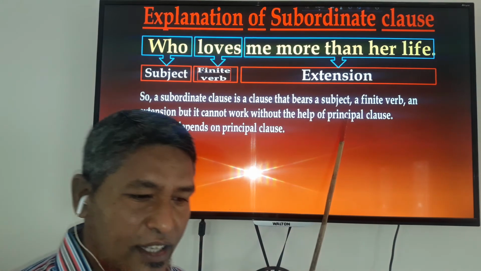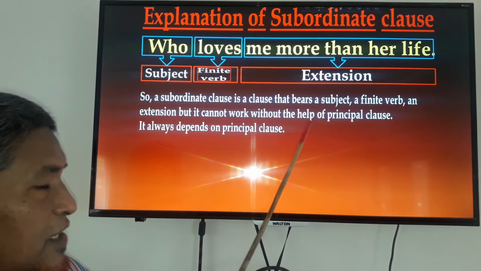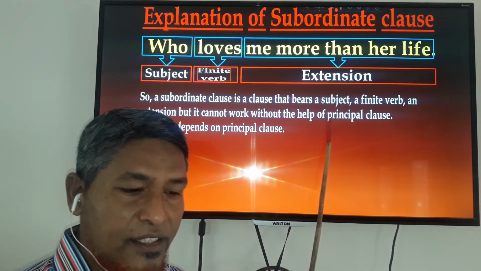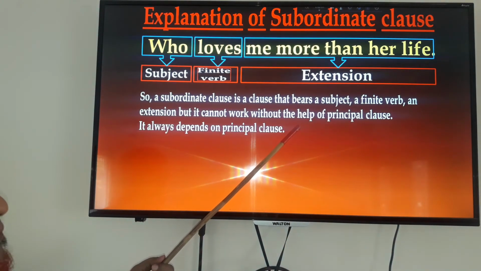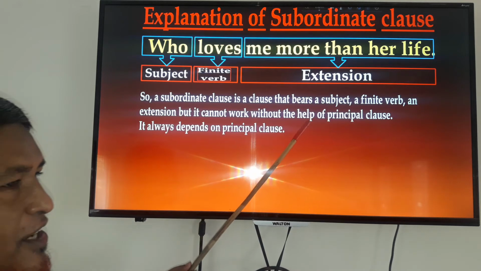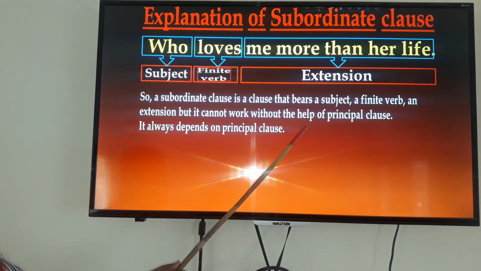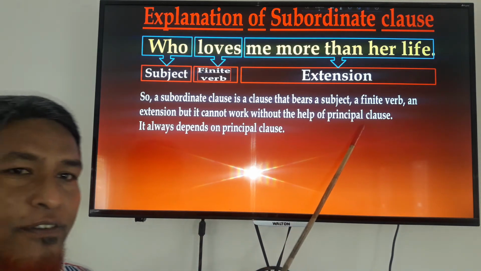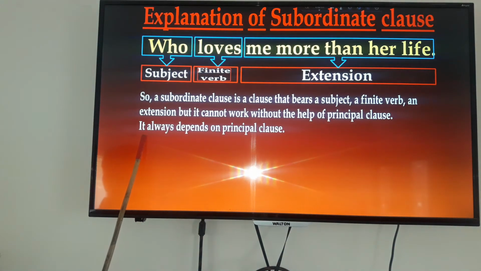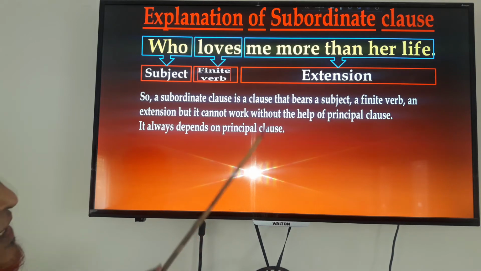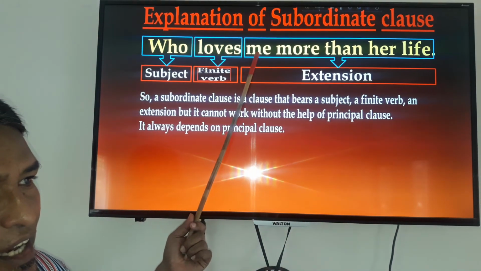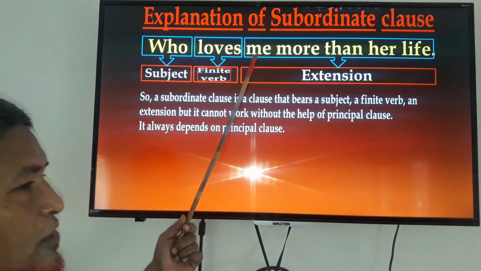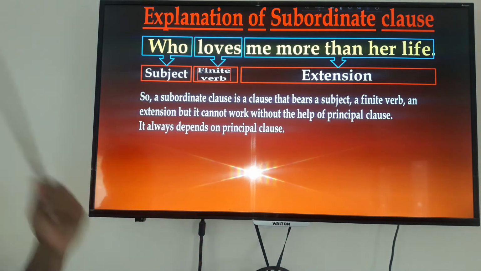You have to be clear that this part cannot express its meaning clearly without the help of the principal clause. So it always depends on the principal clause. It is a part of a bigger sentence, but it is fully dependent on the principal clause.